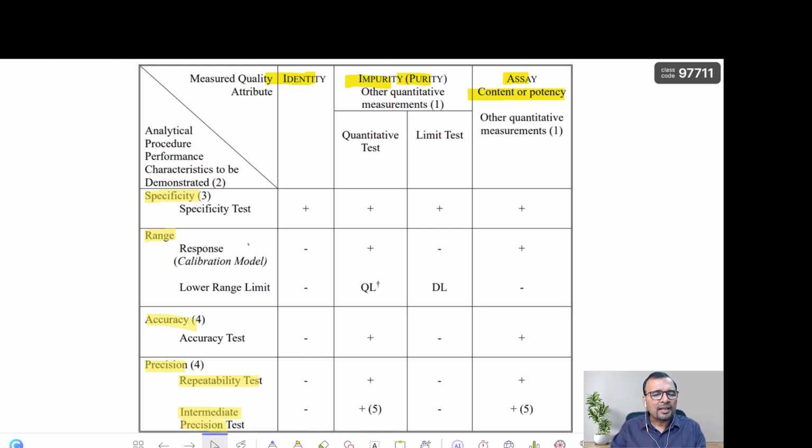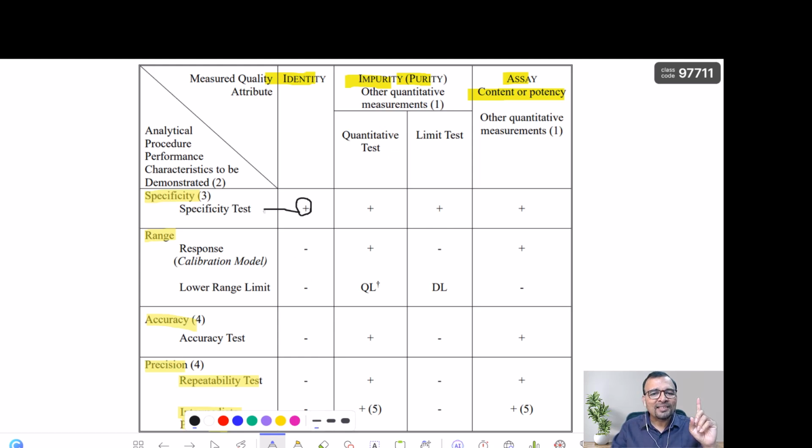But let us now understand how one can identify which performance characteristic must be selected according to the type of my test procedure. So whatever plus signs you can see over here now, that indicates that yes, this parameter needs to be performed. Looking at identity test or identification test, like identification by FTIR, UV spectroscopy, or identification by any color development, you need to at least perform which test?